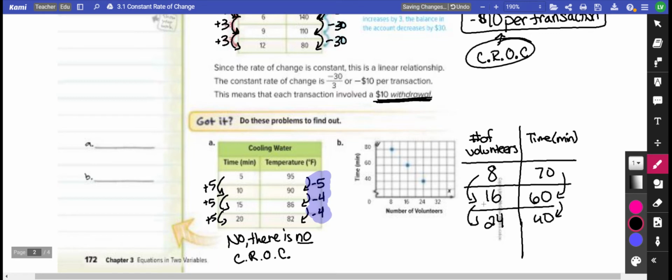So from 8 to 16, we're adding 8. From 16 to 24, we're adding 8. So to get from 80 to 60, oh, my apologies, that should be 80. To get from 80 to 60, that's subtracting 20. To get from 60 to 40, that is subtracting 20.